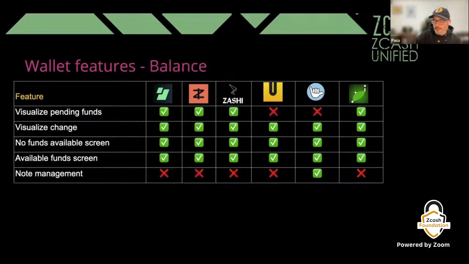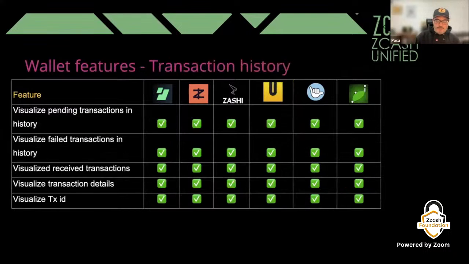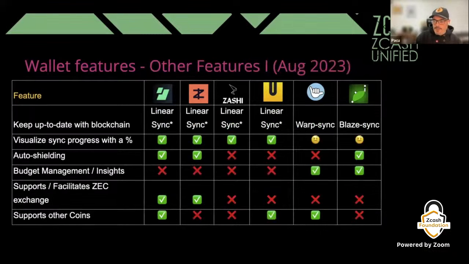For example, the visualization of pending funds or node management are now changing through the progress of the year, and we have more and more features coming every day. This is a small picture of August 2023, where we didn't have spend before sync back then, and we had warp sync and blaze sync, and now we have new stuff.